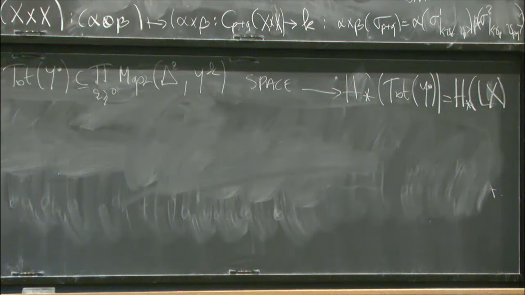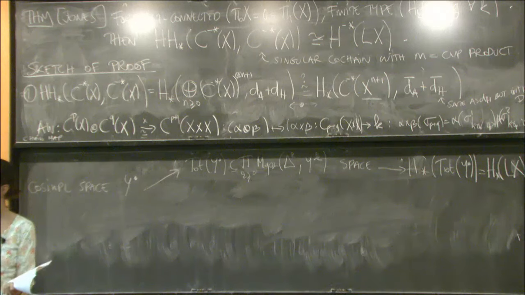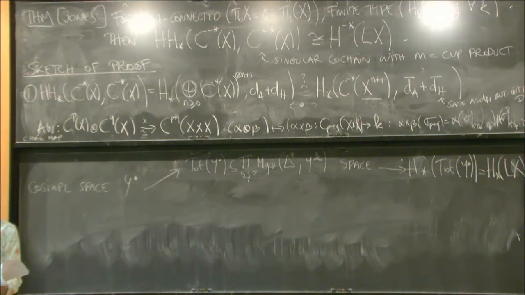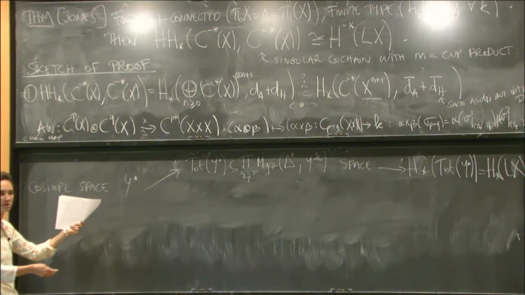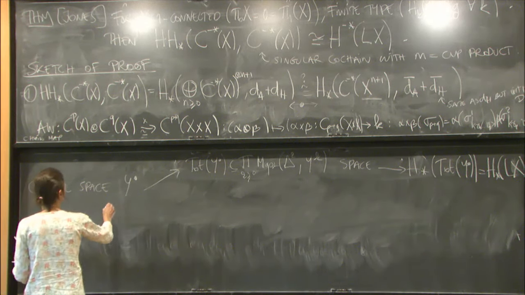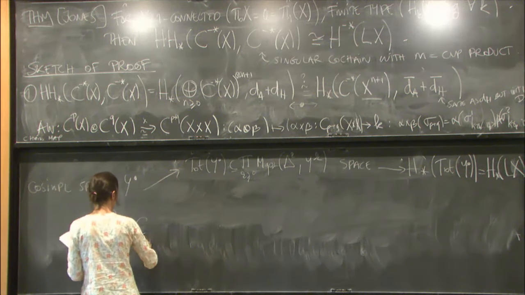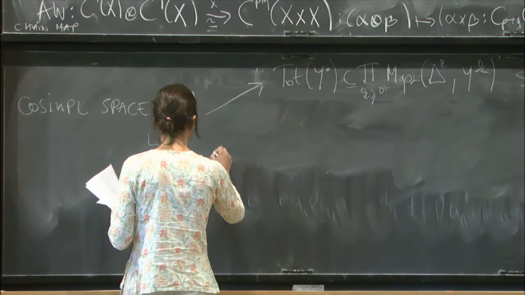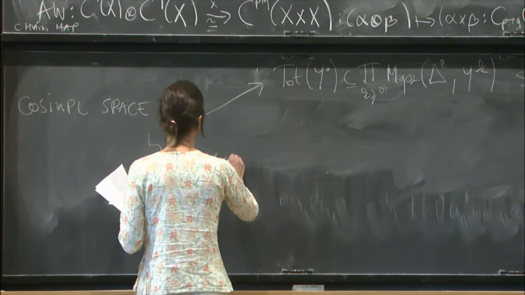If you have a simplicial space, you take chains, and the fact that these maps satisfy the simplicial identities tells you that the sum of minus 1 to the i di squares to 0. Okay, you have done this computation. Co-simplicial space, co-simplicial identities, same thing turned around. We just take the cochains, right? So this gives me a cochain complex, C star Y dot.